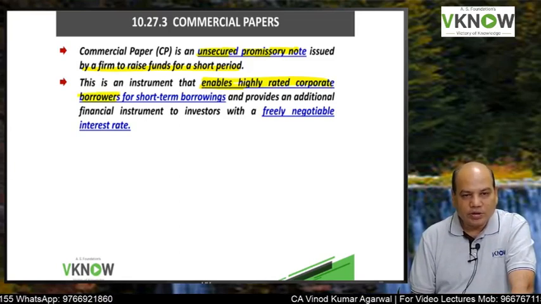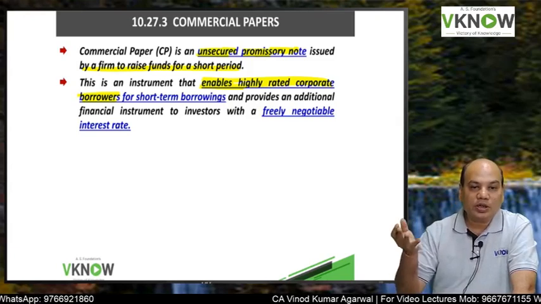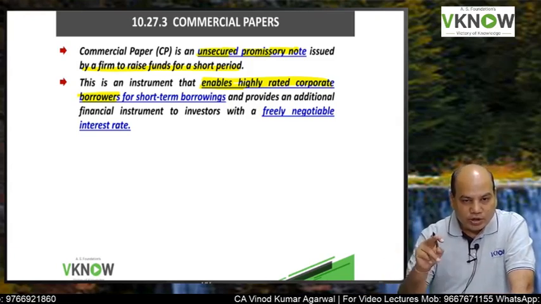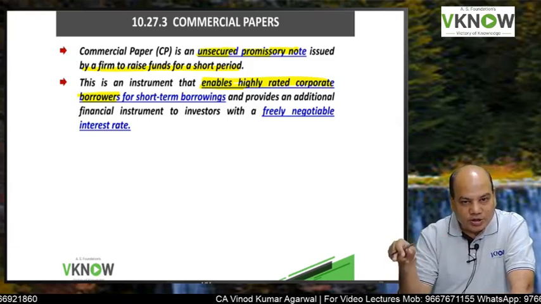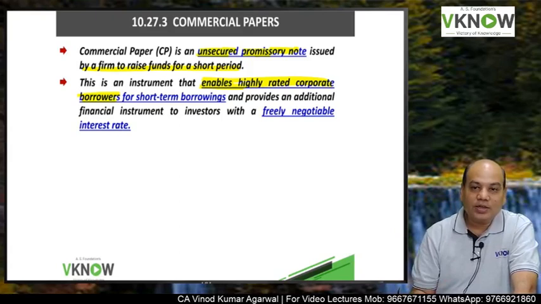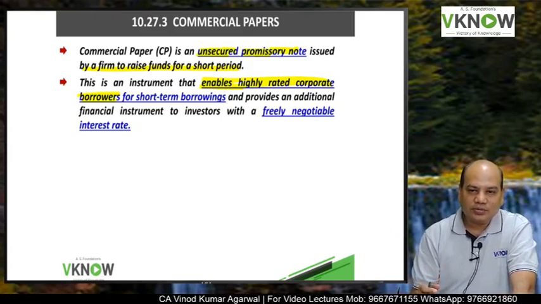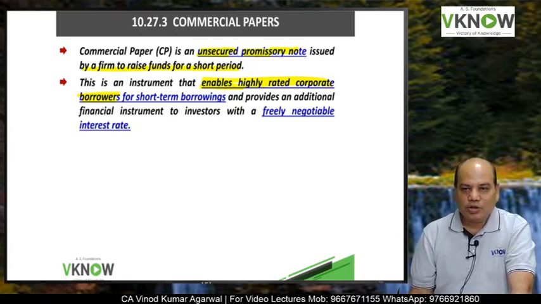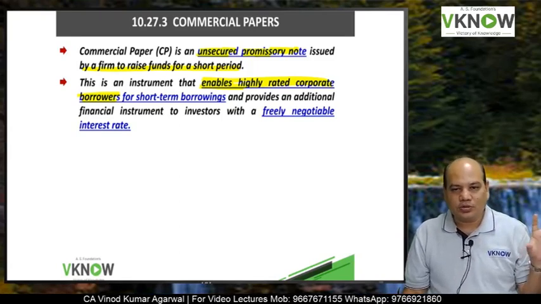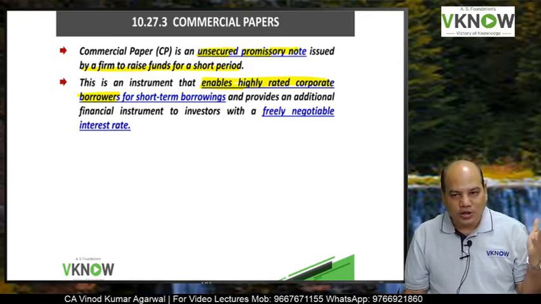Credit rating means the ability to repay the interest and principal amount of the loan. And there are credit rating companies in India who do the credit rating, like CRISIL, ICRA, CARE. So they give ratings. Those rating symbols tell you what is the risk involved.